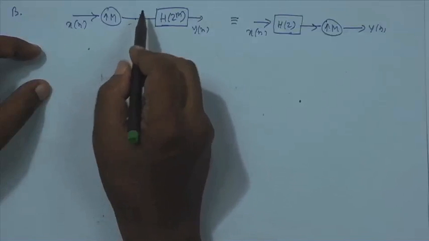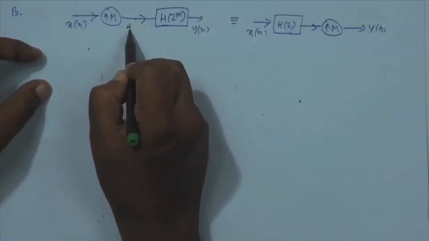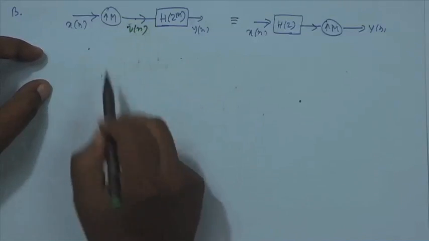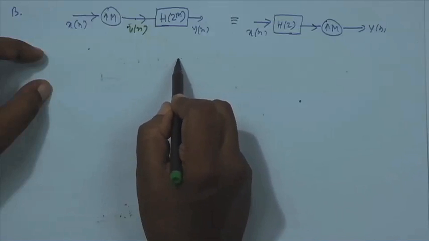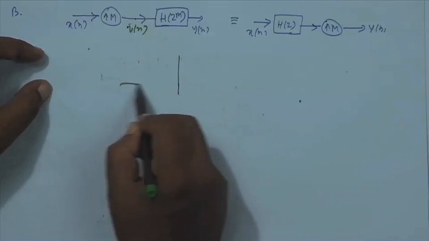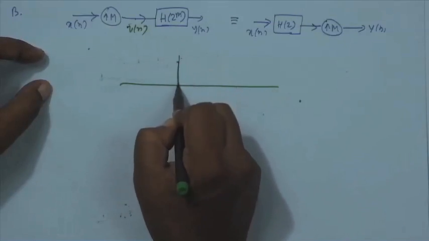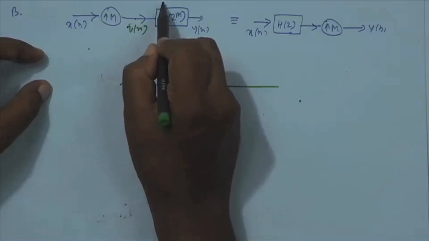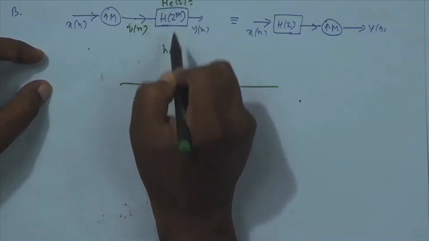Suppose I consider this to be v n. v n is the expanded version, and what is this filter? This is already expanded. So this filter is h e z equal to this.